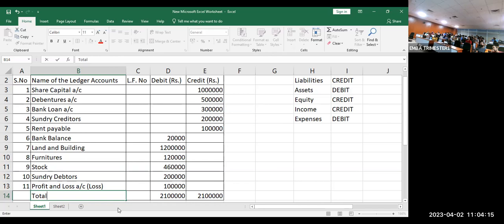Otherwise it's a detailed list. Maybe 100, 200 accounts will be there under the five heads: equity, income, expenditure, asset, liability. Liability itself will have 20 accounts, asset maybe another 50. Clear to you? Now, next one is financial statement preparation.